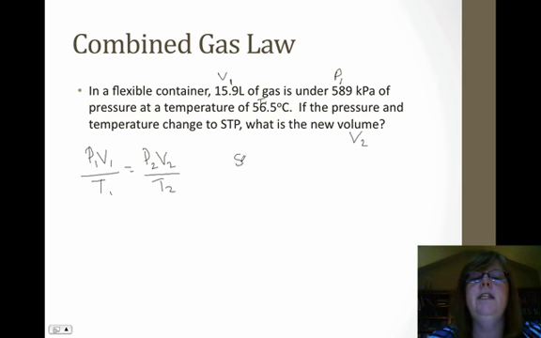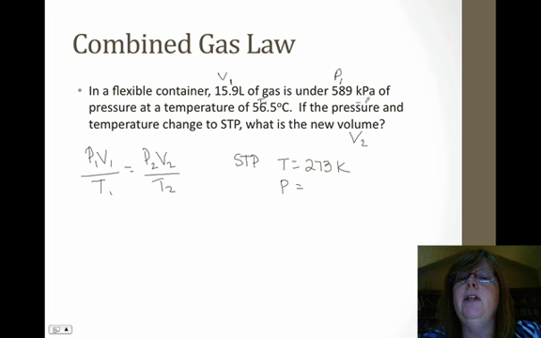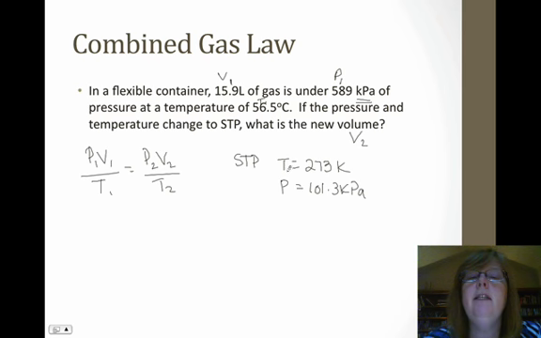Well, standard temperature is 0 degrees Celsius, or 273 Kelvin, and standard pressure, well, we have to make it match this pressure unit. This is kilopascals, and so you look on your reference packet, and the standard pressure in kilopascals is 101.3 kilopascals. So that's our T2 and our P2.